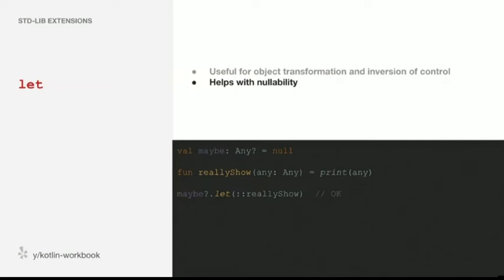So it will basically give the maybe into the reallyShow function only if it's not null. So this is the inversion of control that let helps you achieve in just a very short syntax. So instead of creating small if statements that have just one function, you can just use the let.